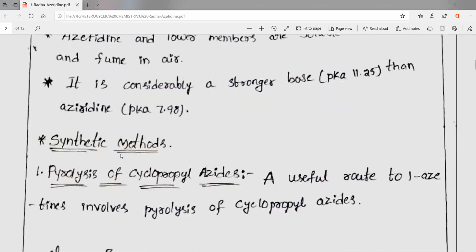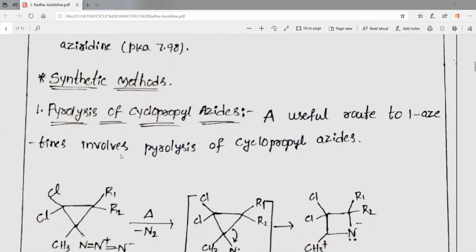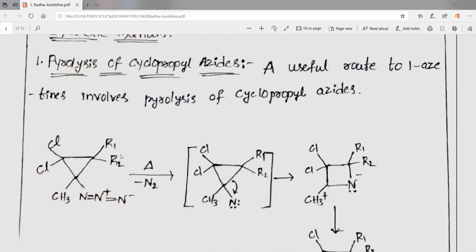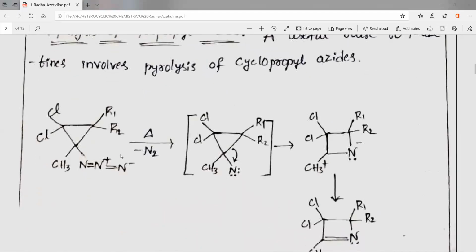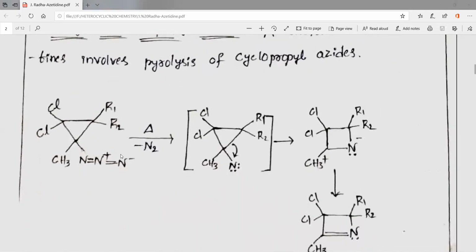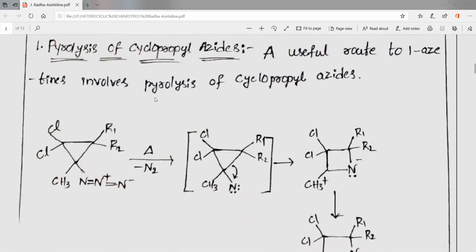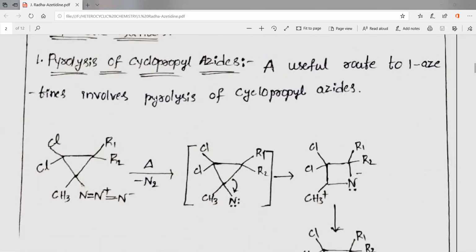Coming to the methods of synthesis. Pyrolysis of cyclopropyl azides. This is a method for the synthesis of 1-azetine. It is not a method for the synthesis of azetidine, but it is a method proposed for the synthesis of 1-azetine.